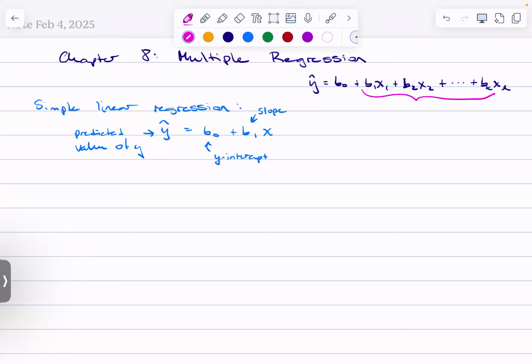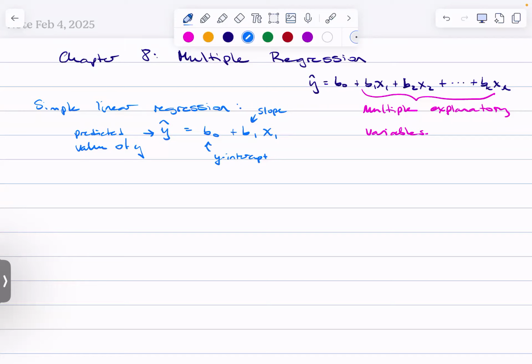So here we have multiple explanatory variables, and each of them has a coefficient. That's no longer going to be the slope, but it behaves in a similar way, and that's what we're going to develop today. It's just an extension: if we wanted to, we could have b1 x1.